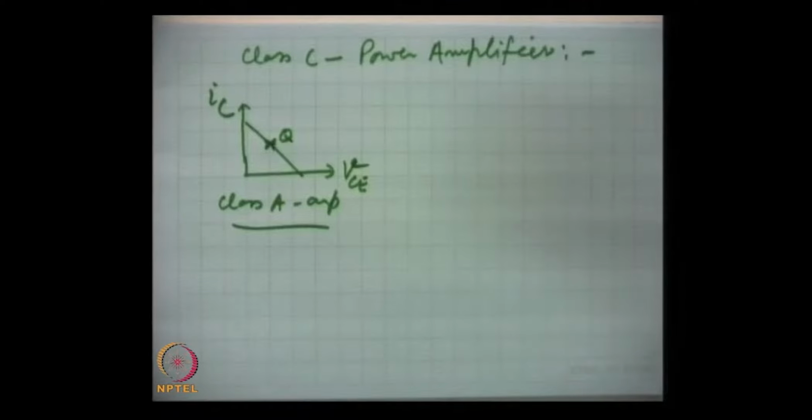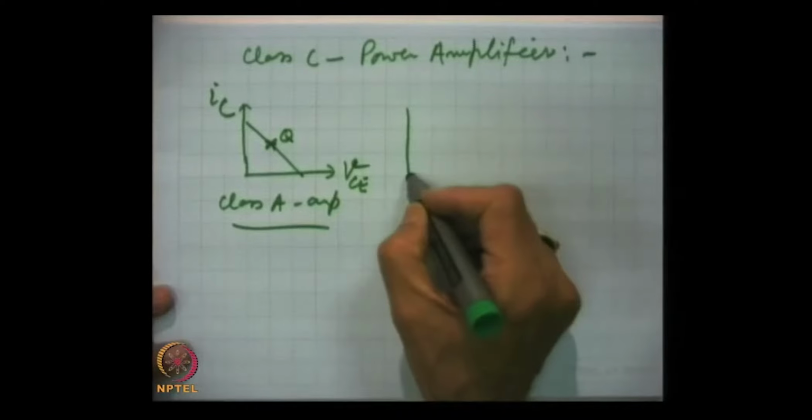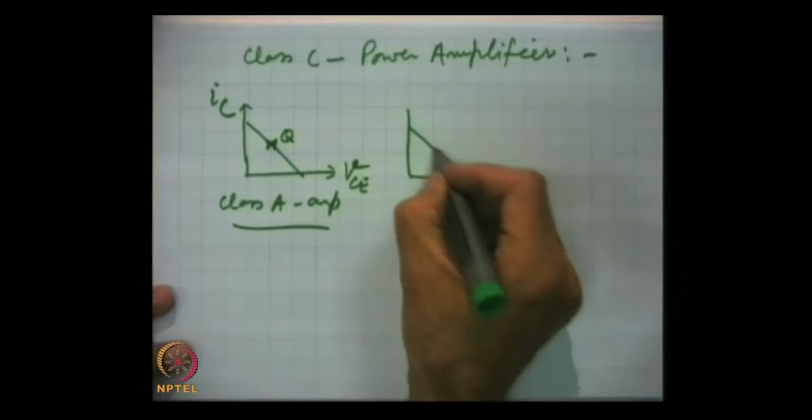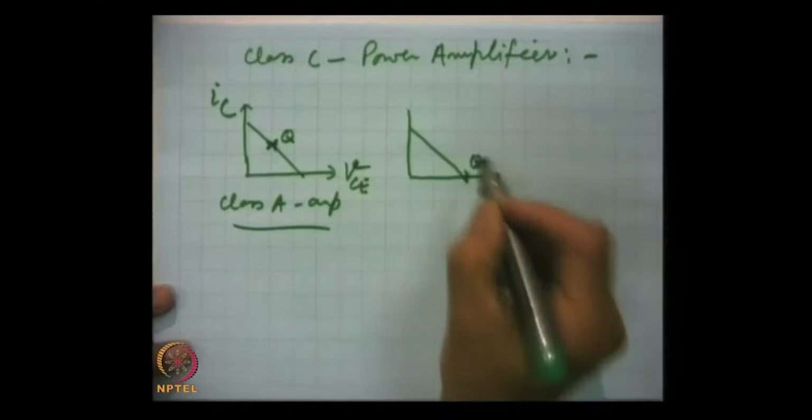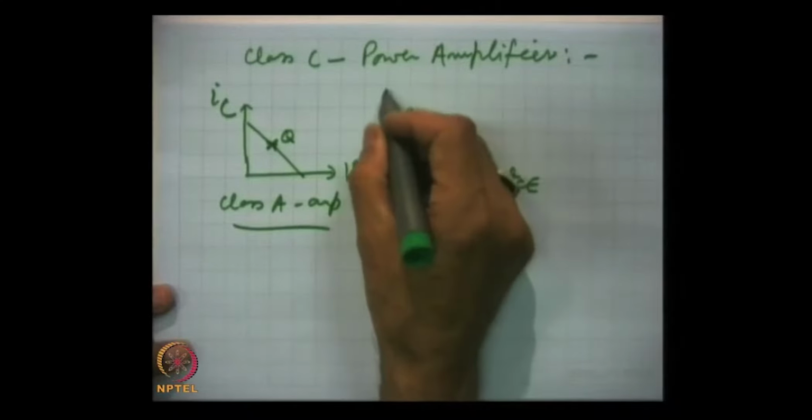In class B amplifier, we shifted this operating point to this point. Q is here, this is VCE and this is IC.